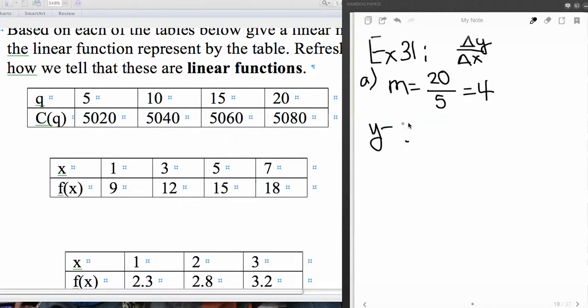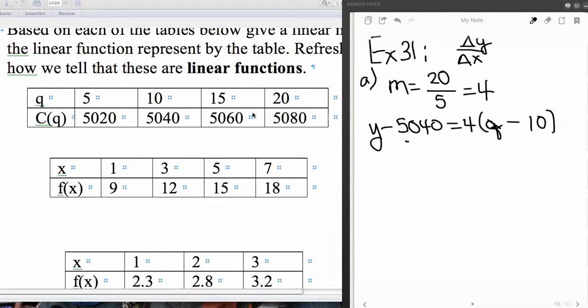So what we're going to do is plug in. So y minus, we can use any of these that we want. So let's go ahead and use the second one right here. So y minus 5,040 is equal to, and our slope is 4, and then times our independent value minus the independent value there, 10.